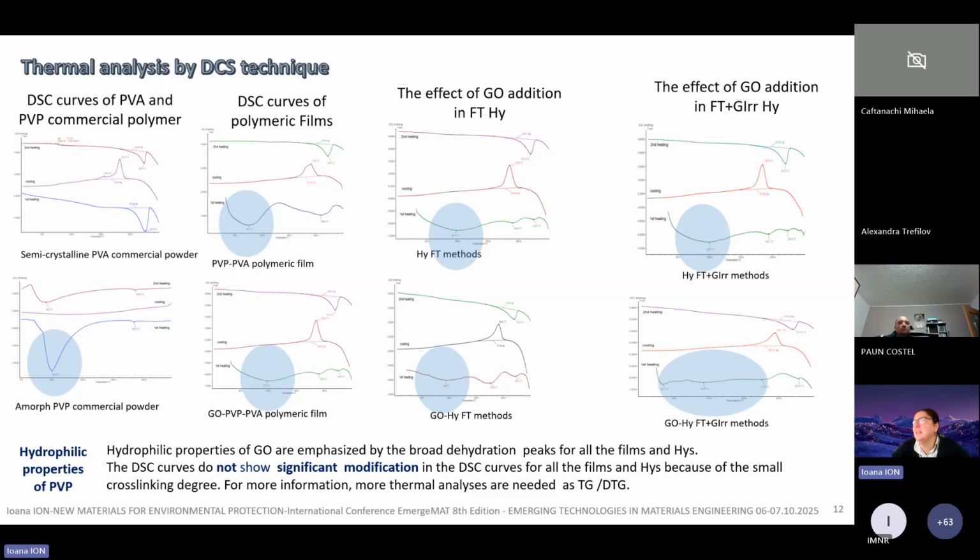There is no significant difference in the thermal properties of the film of the irradiated or non-irradiated hydrogel. This is because the cross-linking degree is small.